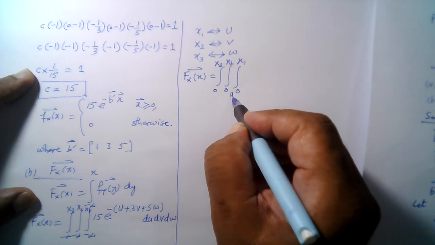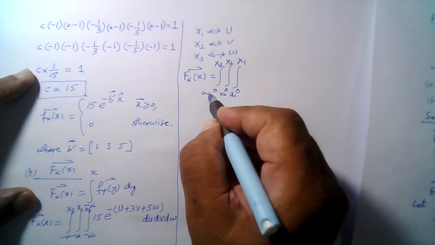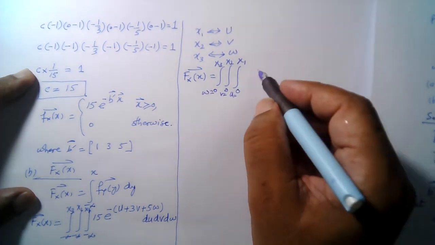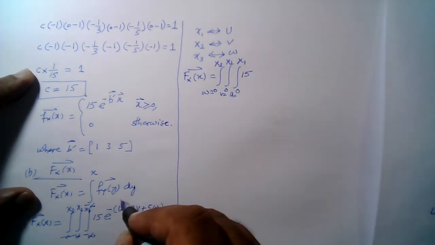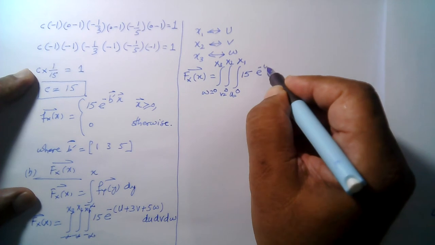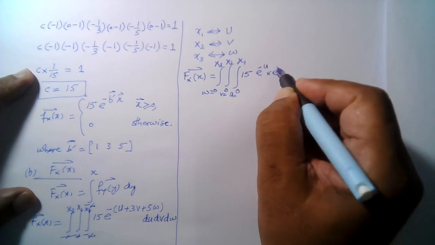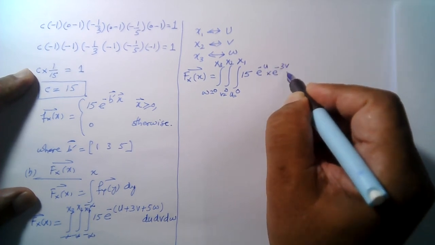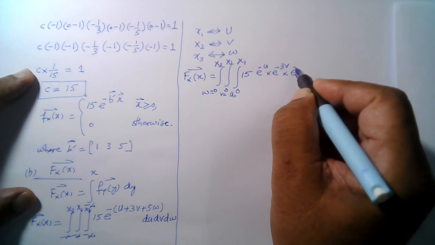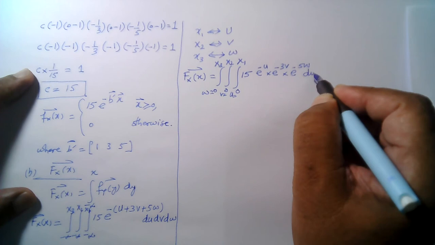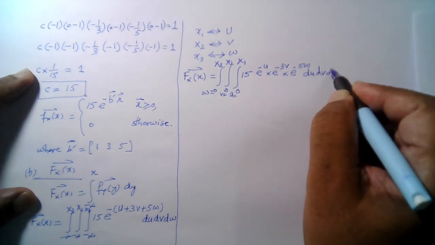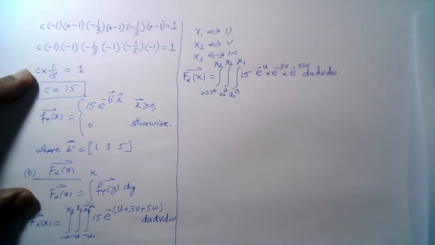This is the limit for u, this is for v, and this is for w, right? And we have 15, and this could be split up: e raised to power minus u multiplied by e raised to power minus 3v multiplied by e raised to power minus 5w, and du, dv, and dw here, right?